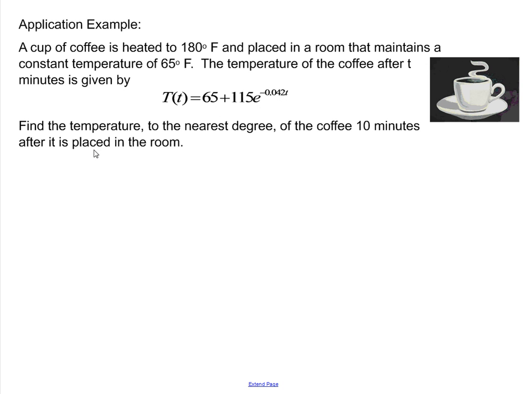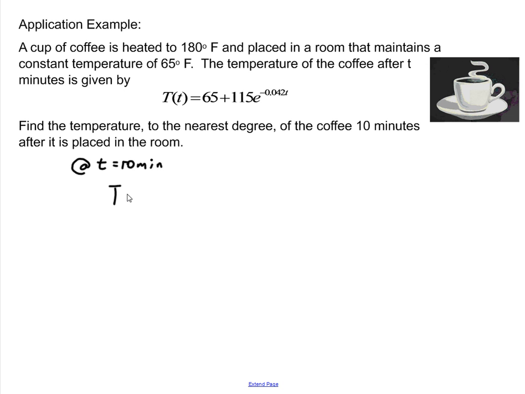And so the question is asking us to find the temperature to the nearest degree of the coffee after 10 minutes that it's placed in the room. So what does that mean? Well, of course, just like our last model, we're just going to substitute in, and we want to find out what happens at t equals 10 minutes. So let's make that substitution into our function.